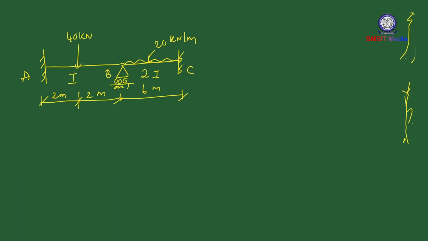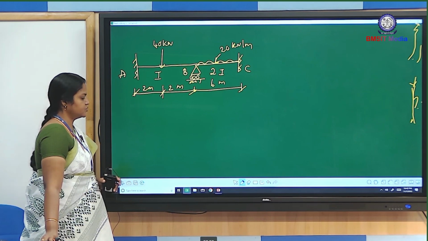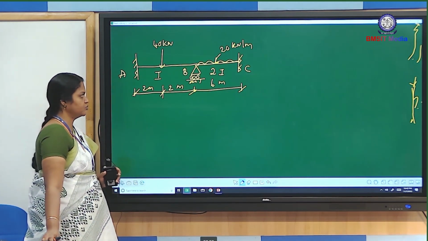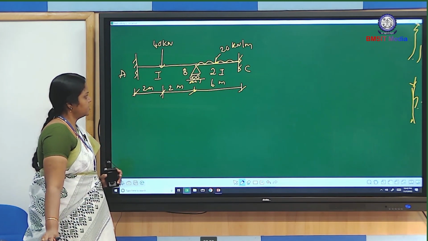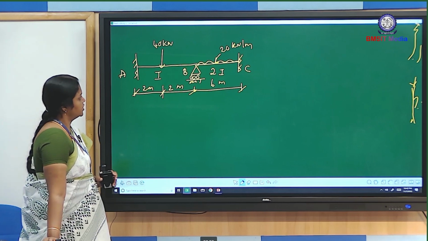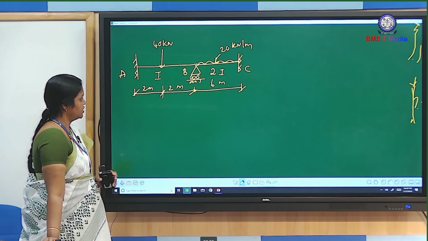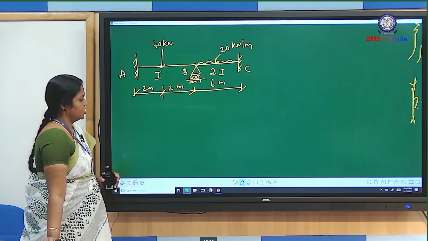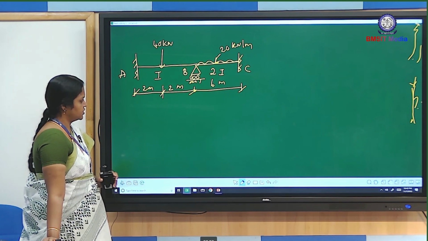This is a continuous beam, so we have to analyze it using the slope deflection method and draw the shear force as well as the bending moment diagram. Span AB has a midpoint load of 40 kilonewton acting at 2 meter from end A, then span BC has a 20 kilonewton per meter UDL. So we have to calculate the static indeterminacy.